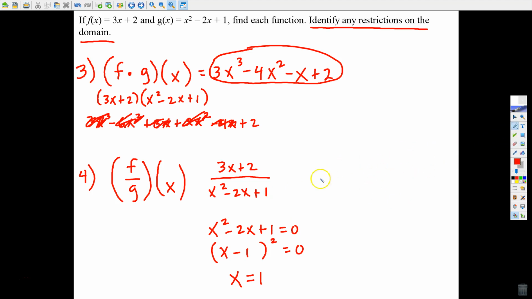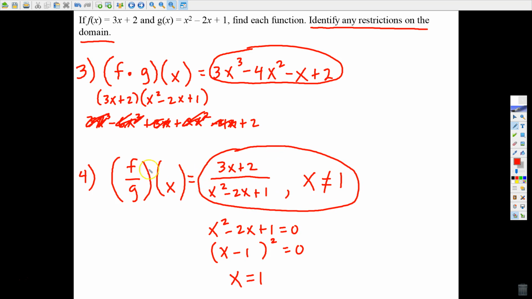We need to limit what the domain can be. Domain means allowable numbers to be put in for x. Well, any number could be put in for x except for 1. We cannot let x be 1. If we do, then we would get 0 as a denominator. So that's our complete answer for f divided by g of x.